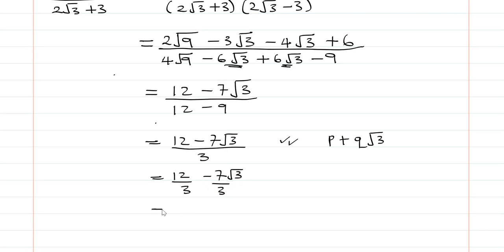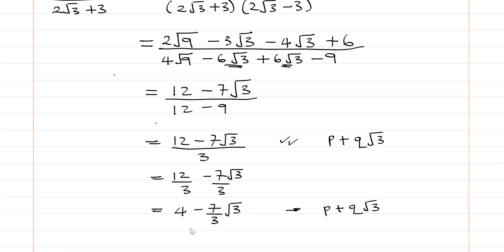And then we simplify where possible. 12 divided by 3 gets 4, minus 7 over 3 with root 3 attached to it. Whether you write it up or on, or between 7 and 3, it is the same thing. So we have distributed the denominator, and our expression is now in the form of p plus q root of 3.